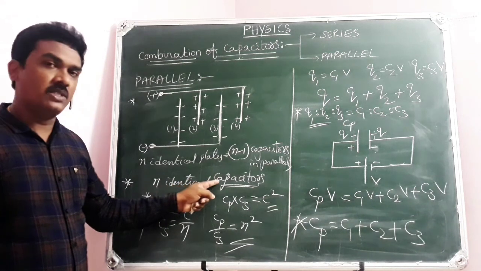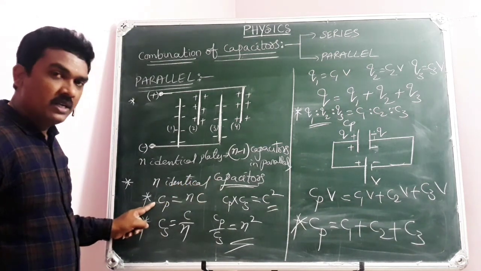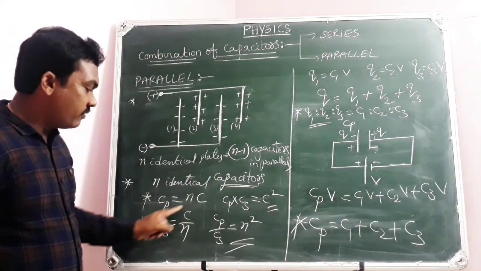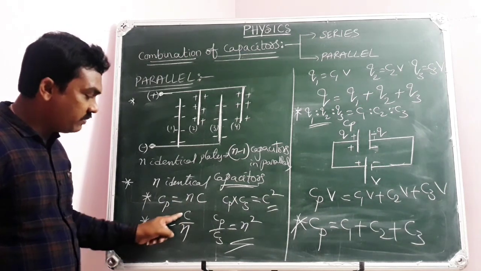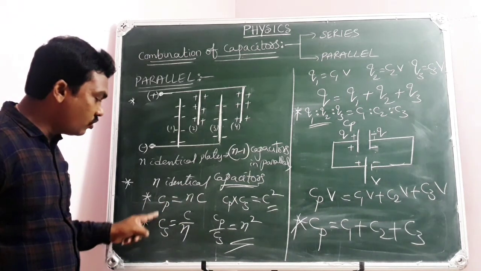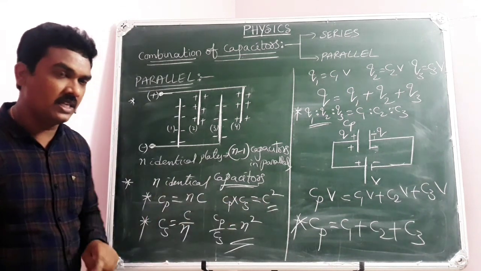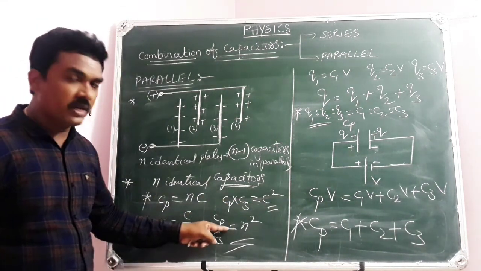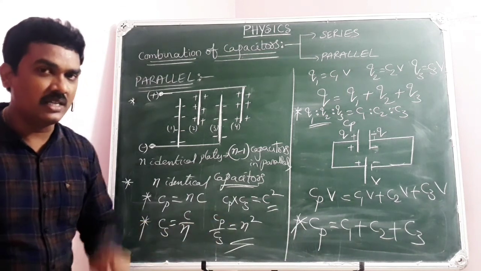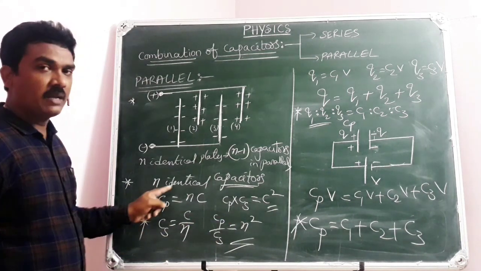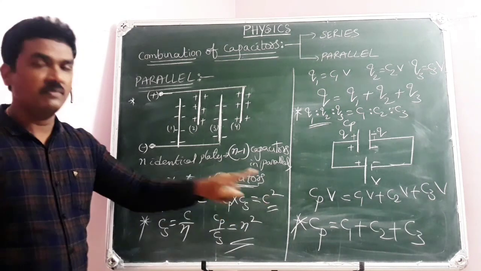If n identical capacitors are connected in parallel, it is n into C. If they are connected in series, it is C by n. Then using these two known values, Cp into Cs will give C square, I can calculate C. Cp by Cs will give n square, I can calculate n. Where n identical capacitors, each of capacity C.